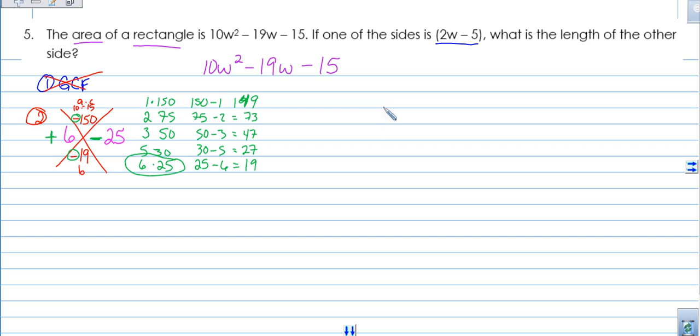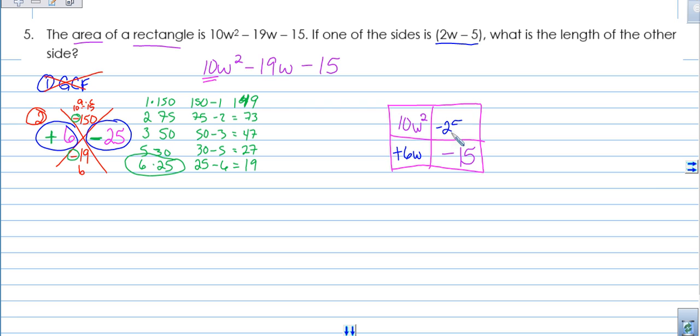So, using the box method, we know we need to do it because we have this 10 in the front. So I'm going to draw a box. Okay? You put your A term in the front, so that 10W squared, and you put your C term at the end. And the whole purpose of doing the X factor was to get these two terms to break up the negative 19W. So you have plus 6W here and negative 25W there.